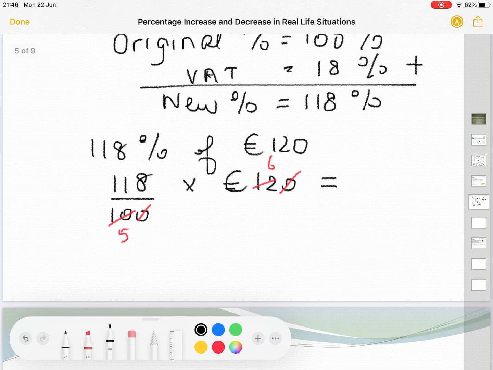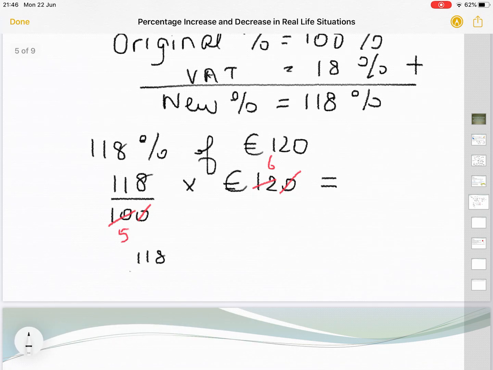I remain with 118 all over 5 times 6. And if I work out 118 divided by 5 and then multiply by 6, I end up with €141.60, right?